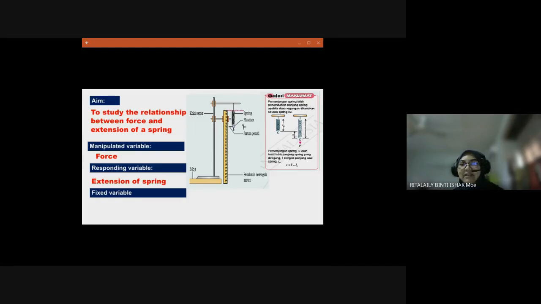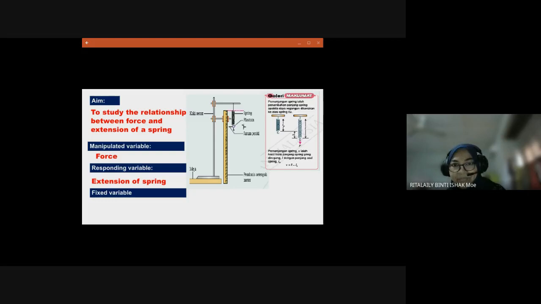So we have stiffness. Stiffness is correct. However, we cannot measure stiffness directly from the experiment. And then we have type of spring. Type of spring is not acceptable because we cannot measure type.